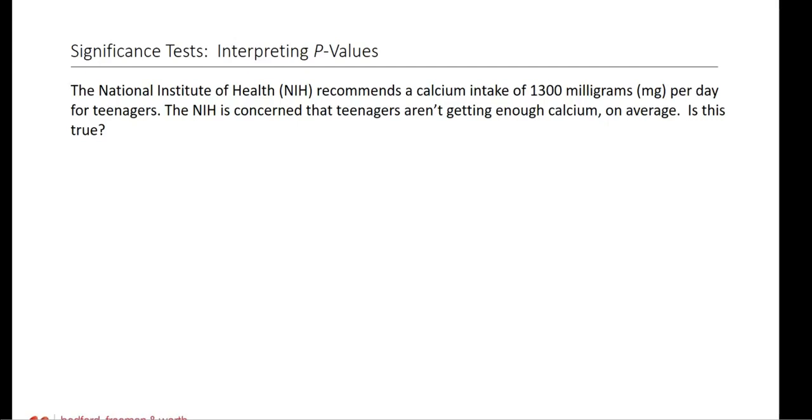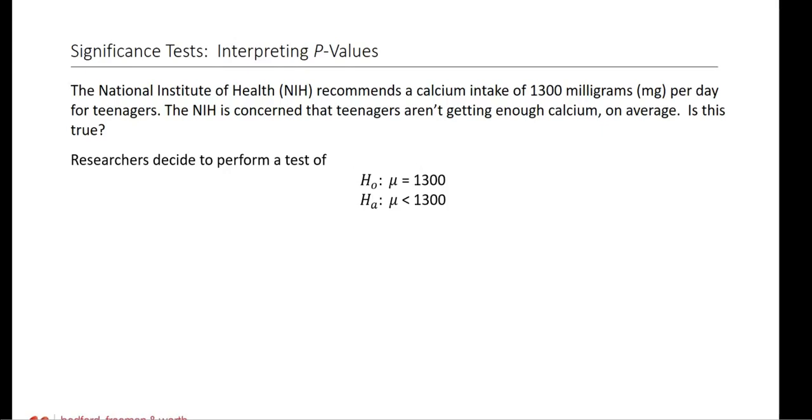So the National Institute of Health recommends a calcium intake of 1,300 milligrams per day for teenagers. They are concerned that teenagers aren't getting enough calcium on average. Is this true? Researchers decide to perform a test. So the null, nothing's unusual: the mean is 1,300.